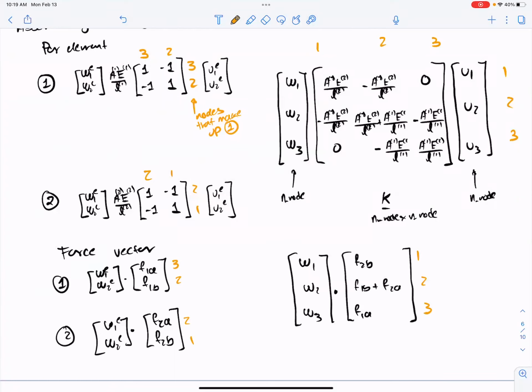Again, just need to see which, this gets mapped to the third element here, and so on. And this is my overall force vector.